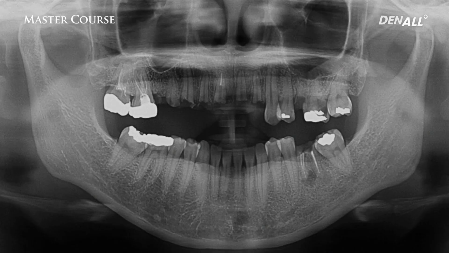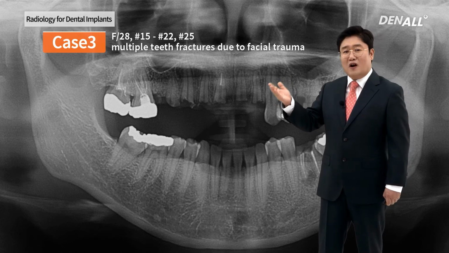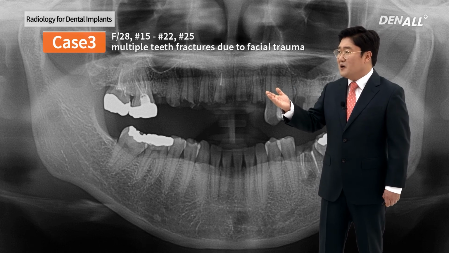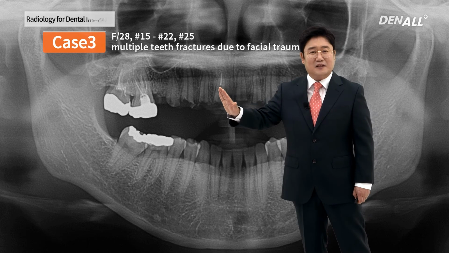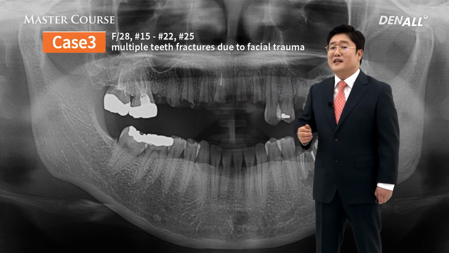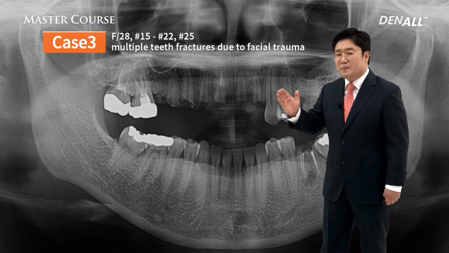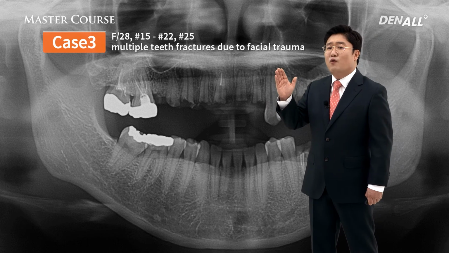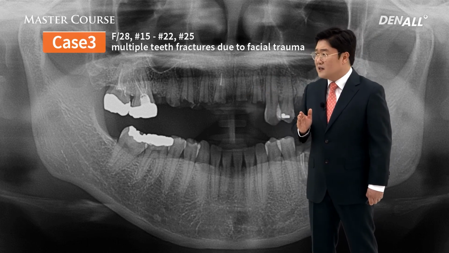In this patient, a young female patient who received facial trauma, many teeth were destroyed. Implant will be placed after the extraction. The positions of the implants and their relations need to be identified.